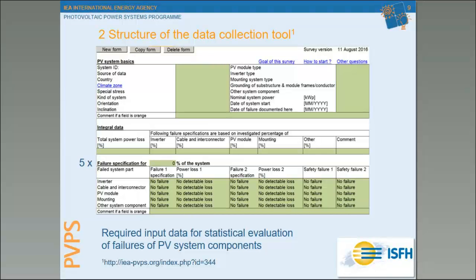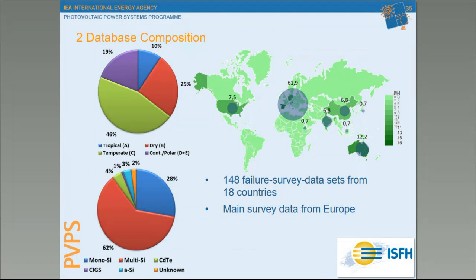And very important, you can specify up to 5 different failures with different failure modes, which you can attribute to each of the plants. This data collection tool is also available on the IEA PVPS website, including a description of how to use it.